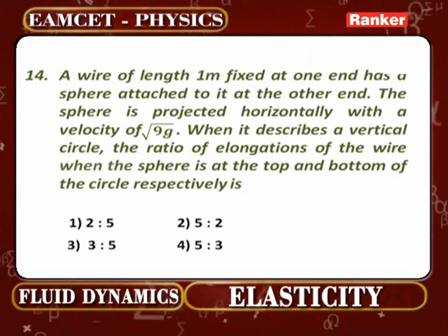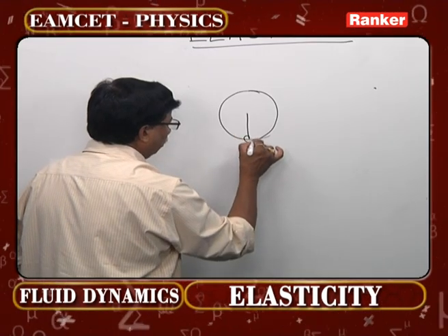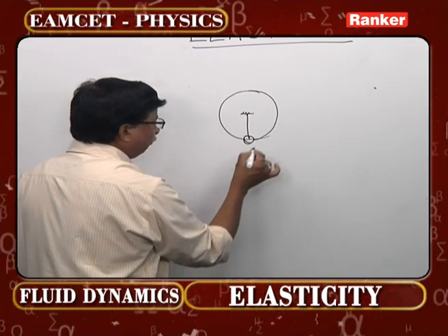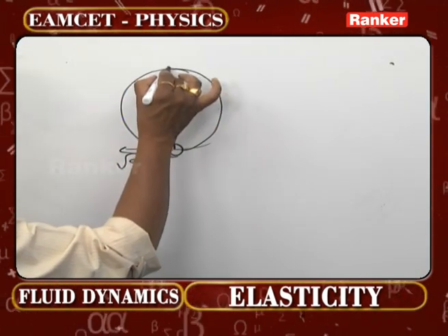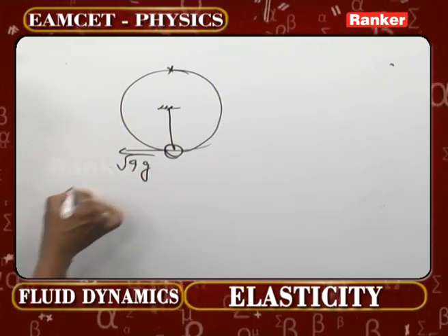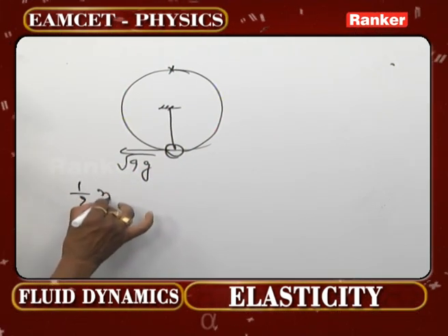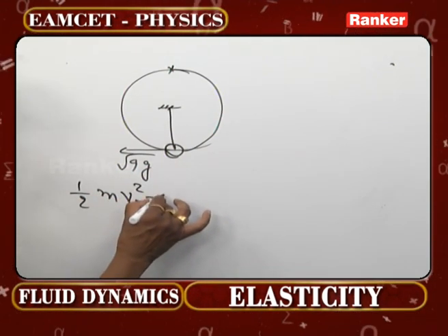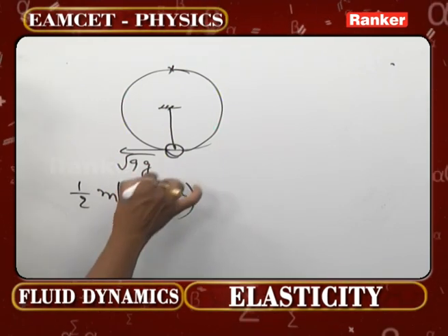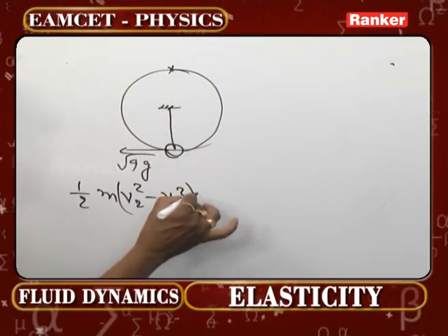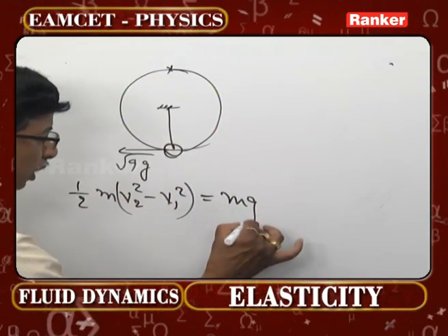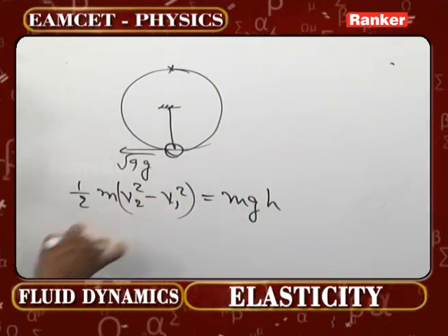Suppose you take this is the body, which is now hanging over here like this. When you give a certain velocity of root 9g, what is its velocity at the highest point? Let us take this way, half m into V2 square minus V1 square. That is a change in kinetic energy. In other words, I should call it loss in kinetic energy is equal to gain in potential energy, that is mgh.